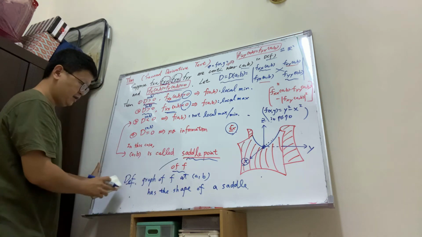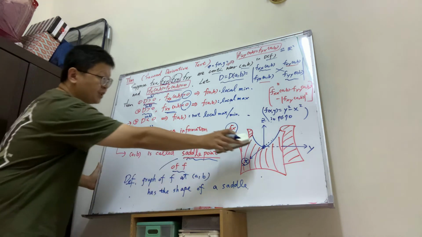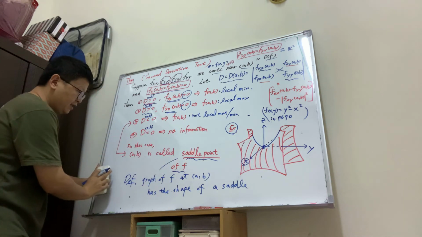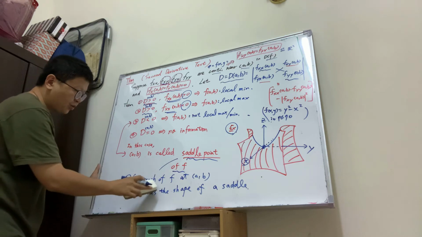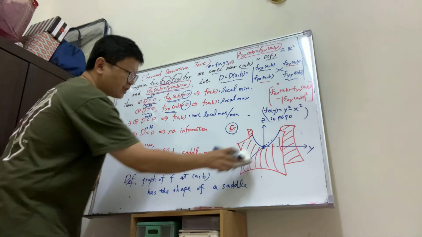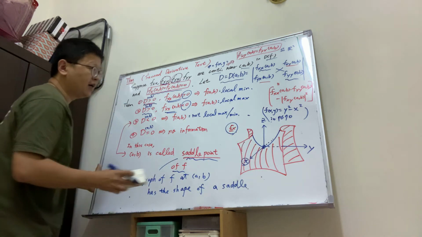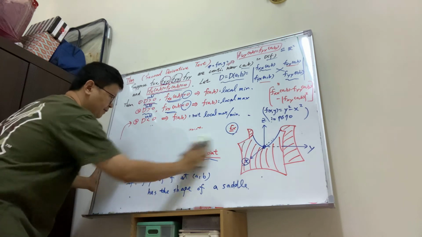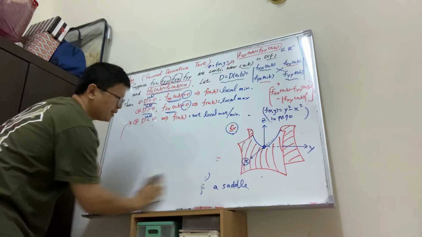So it's called a saddle point at this point, and now we could check that it satisfies this condition. The graph of f at this point (a, b) has the shape of a saddle, something like this one. So now let me check its determinant.